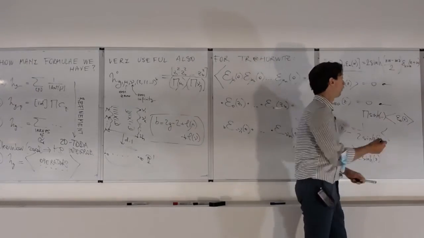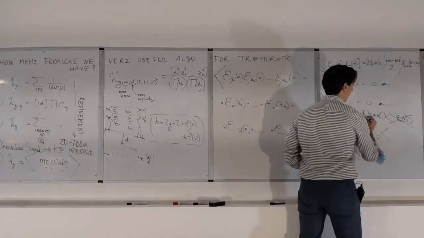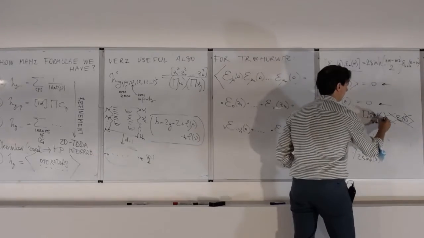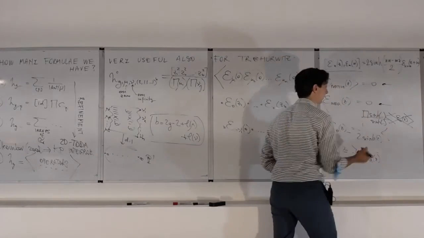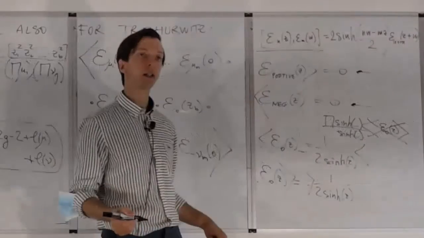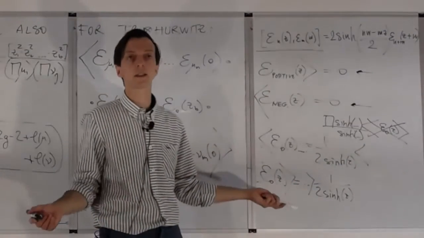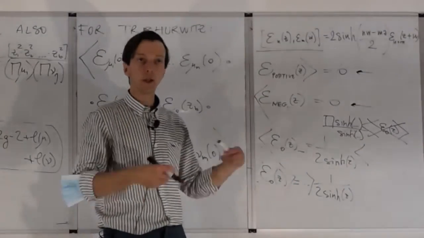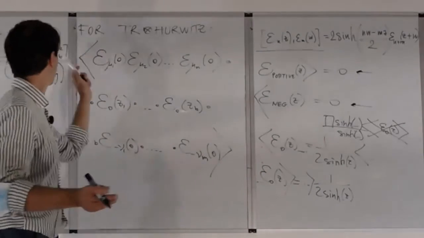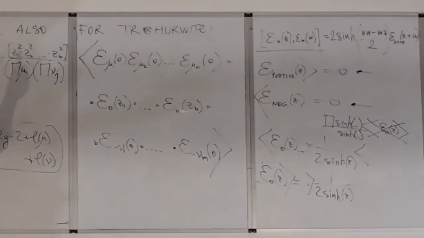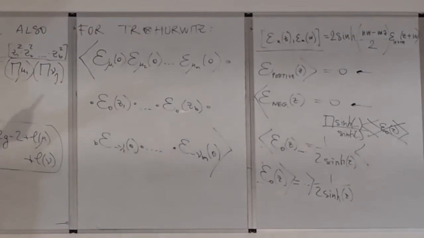And what do you do? You just get rid of this and you create another hyperbolic sine downstairs because of this property. So at the end, you just have ratios of hyperbolic sines. Then you expand in power series. Then you select Z to the power 2. And then you get a number. This is how it works.